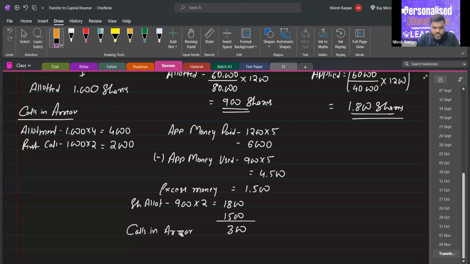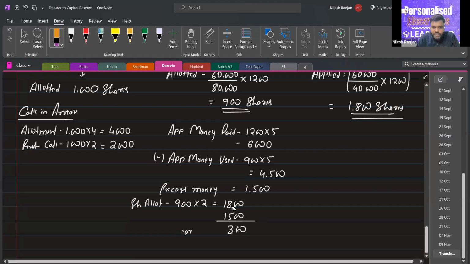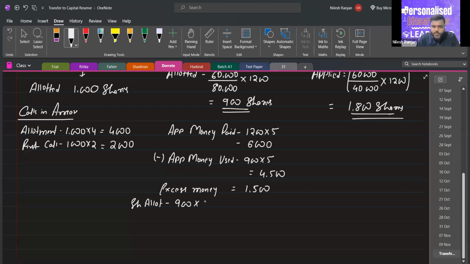Okay, wait, let me change the situation, because you will not understand if I write like this. So 900 into 4, I'm taking full amount, 3,600, and we can utilize only 1,500 from this.